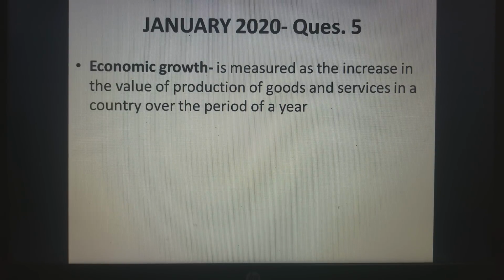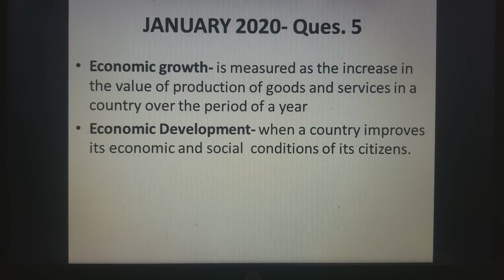So when we talk about economic growth, we are talking about increases, right? The country was producing, let us say, $1 billion worth of goods in 2021, and in 2022 it is producing $2 billion worth of goods. That means there is economic growth. There is a tangible increase year on year.